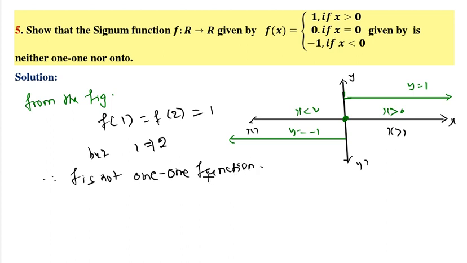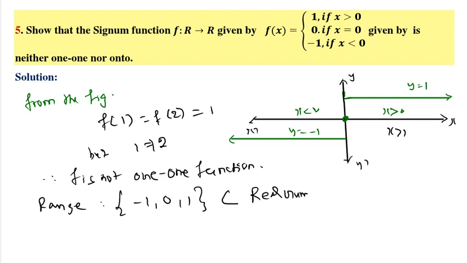The range is the collection of images. So minus 1, 0, 1 is a subset of real numbers. The real numbers is the codomain. So the range is a subset of the codomain.